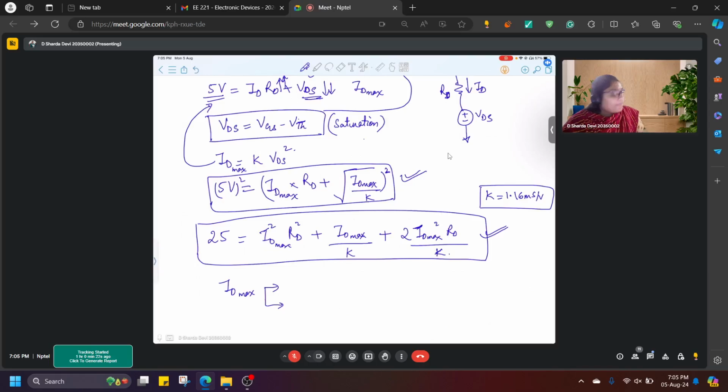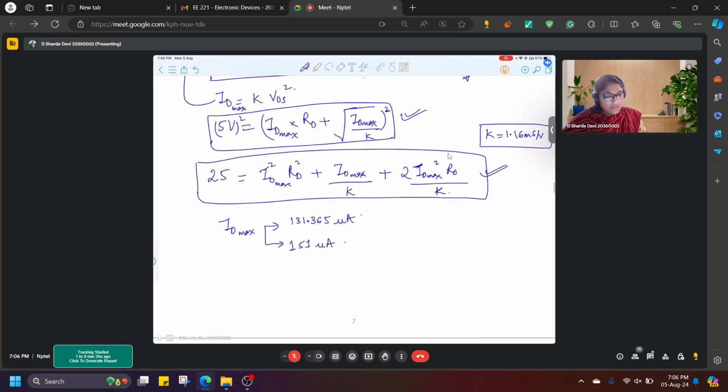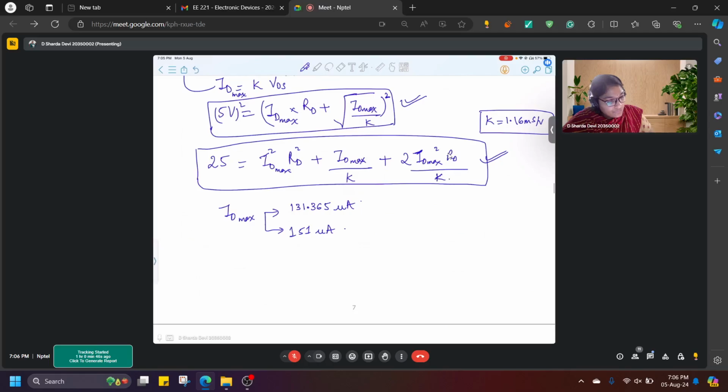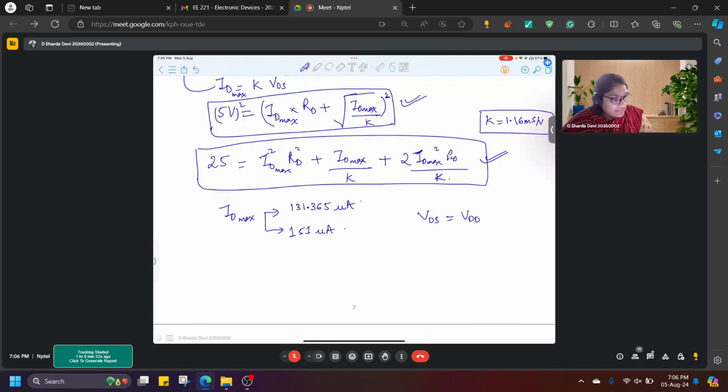One value is 131.365 microampere. Another value is 151 microampere. These are the two values. Again, we have to screen between these two to find the correct answer. We know that VDS is VDD minus ID max into RD.